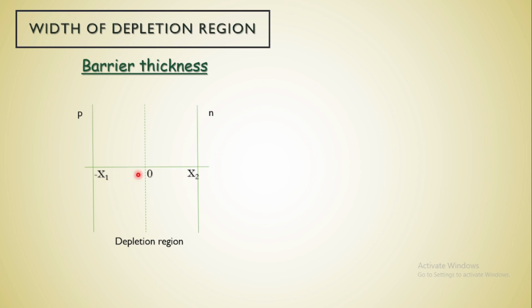So negative sign shows it is in negative x direction. Then totally the space charge region or depletion region extends from x1 to x2, which is denoted by x, which is nothing but x1 plus x2. So here x1 and x2 are the widths of the space charge region in P and N sides respectively.